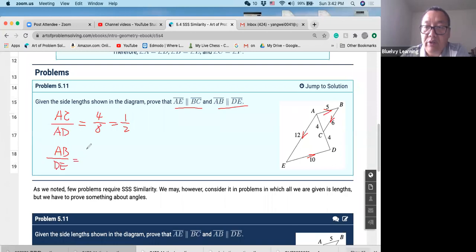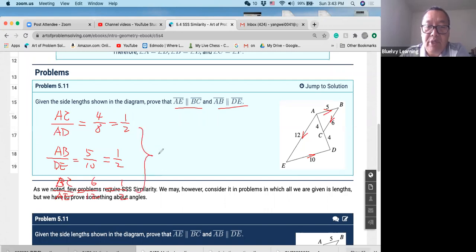This one also equals 5 over 10 equals 1 over 2. Then third side, we got BC over AE. This one equals 6 over 12, also equals 1 over 2.